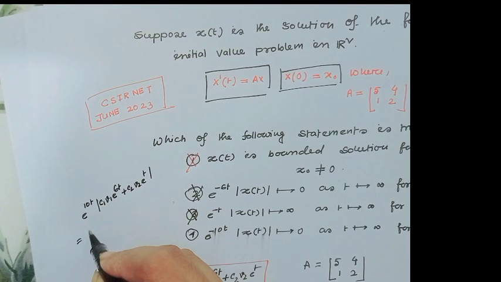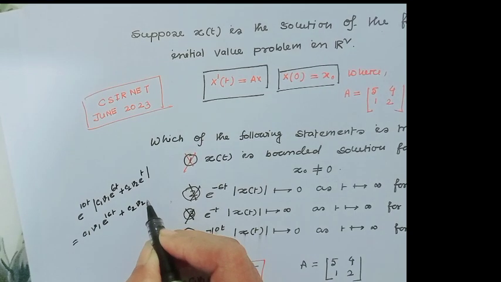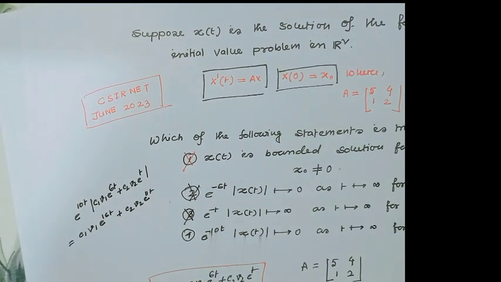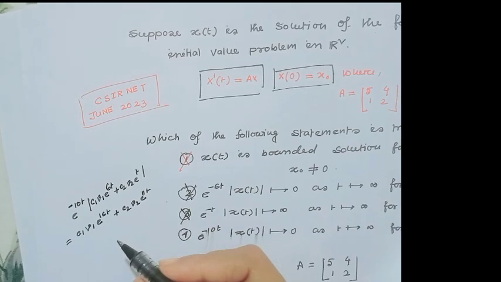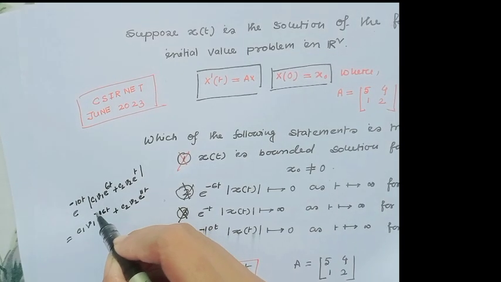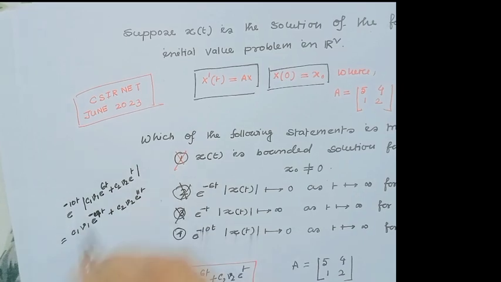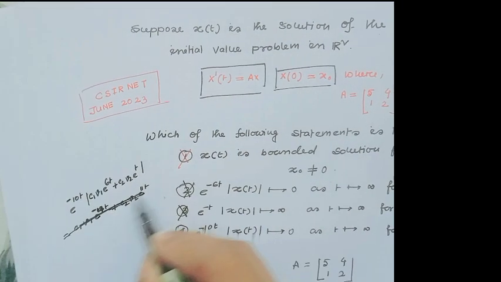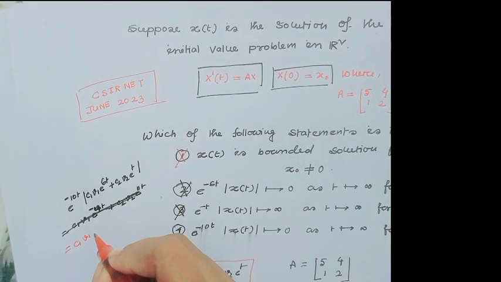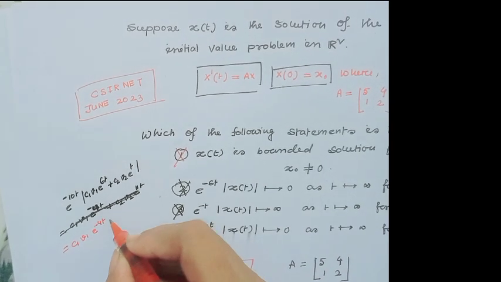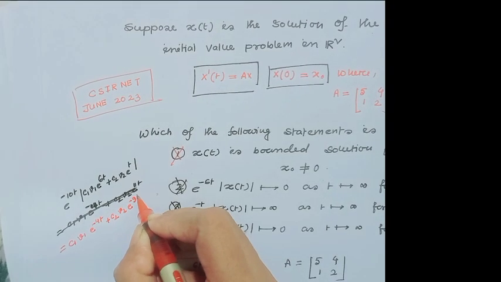Then this value would be c1 v1 e to the power minus 4t plus c2 v2 e to the power minus 9t. Sorry, the exponent is e to the power minus 10t, so the exponents are 6t minus 10t, which is minus 4t, and t minus 10t, which is minus 9t.